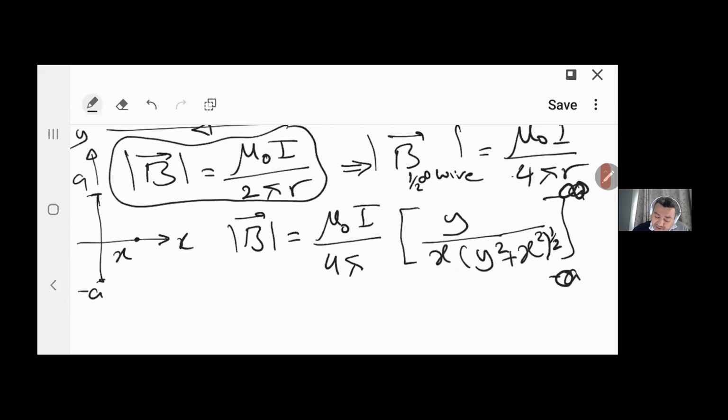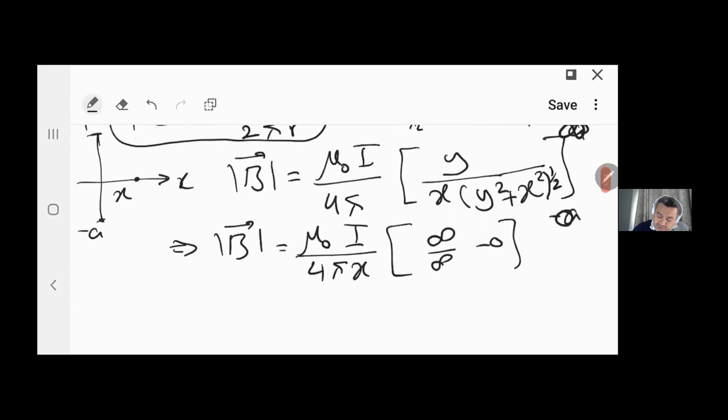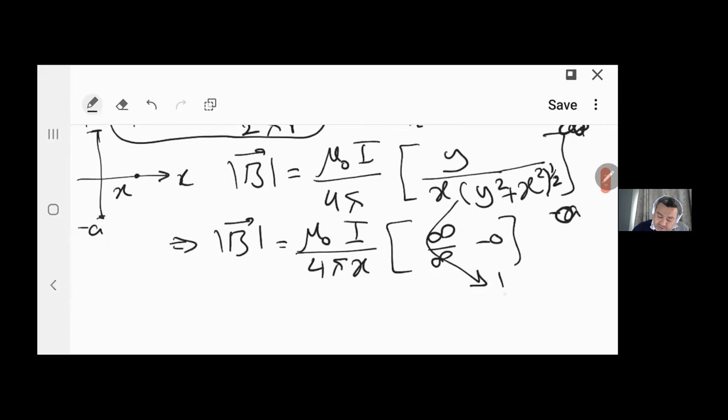Then in this case, I will be substituting y with infinity. Then this will be mu naught I over 4 pi x, times infinity over infinity minus 0, so the whole thing leads to 1.